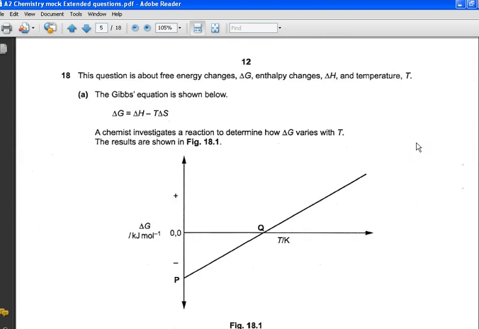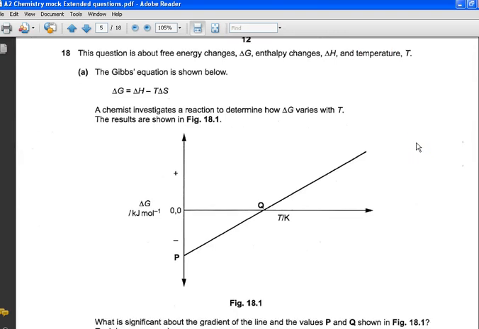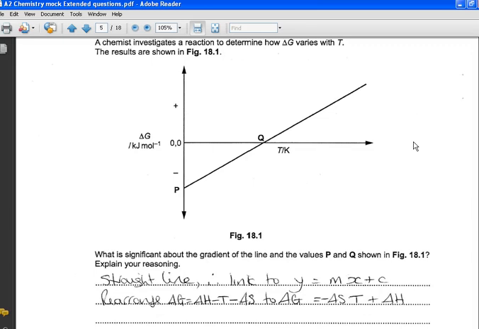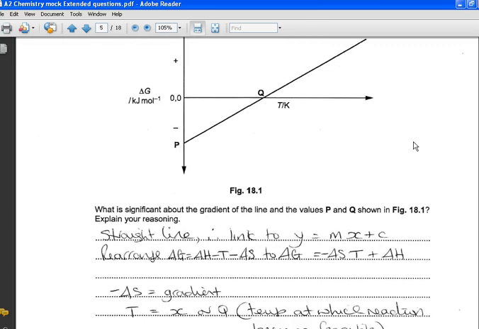Right, question 18 about delta G. Okay, and you're given the equation there and a graph with some letters, and then you're asked to discuss basically those different points on this graph.